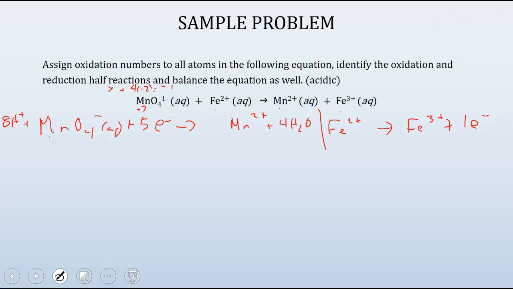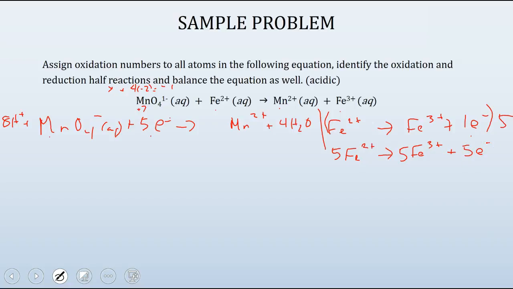But now I see, okay, hang on, my electrons are not equal. I have 5 electrons over here and I have 1 right here. So what I'm going to do is multiply this whole reaction by 5 and get 5 Fe2+ yielding 5 Fe3+ plus 5 electrons.